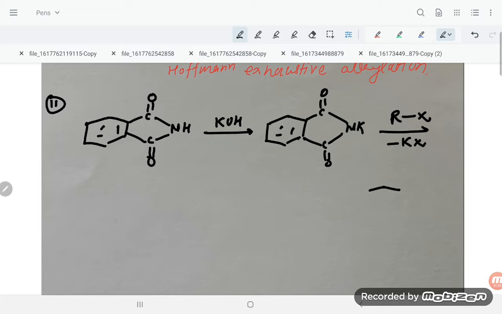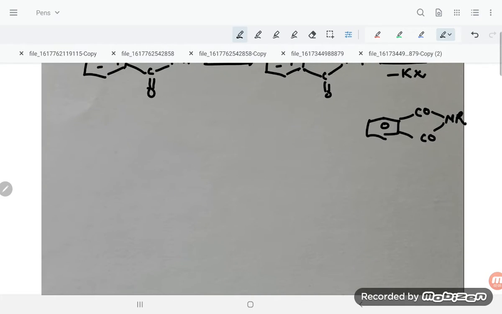So what compound is it going to give, dear students? It will give CO, CO, and NR. If you are treating with water molecules, HOH, take two water molecules, students. Firstly it will give RNH2, and what other compound is it going to give?